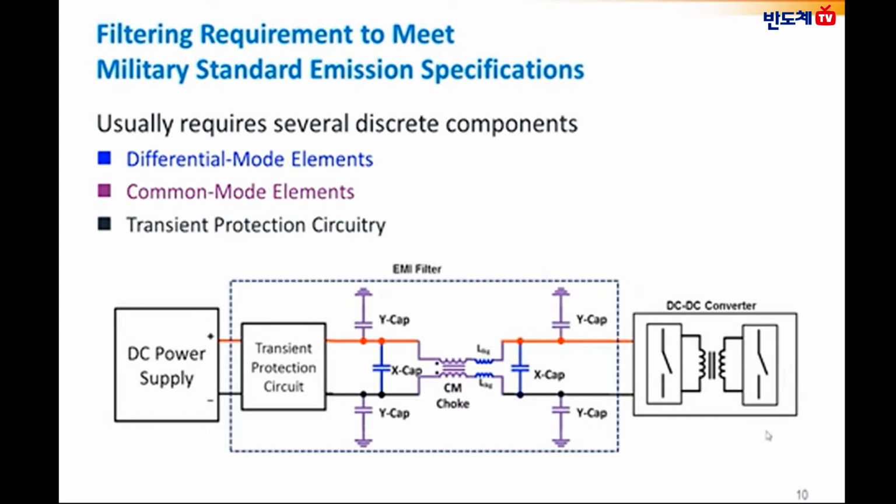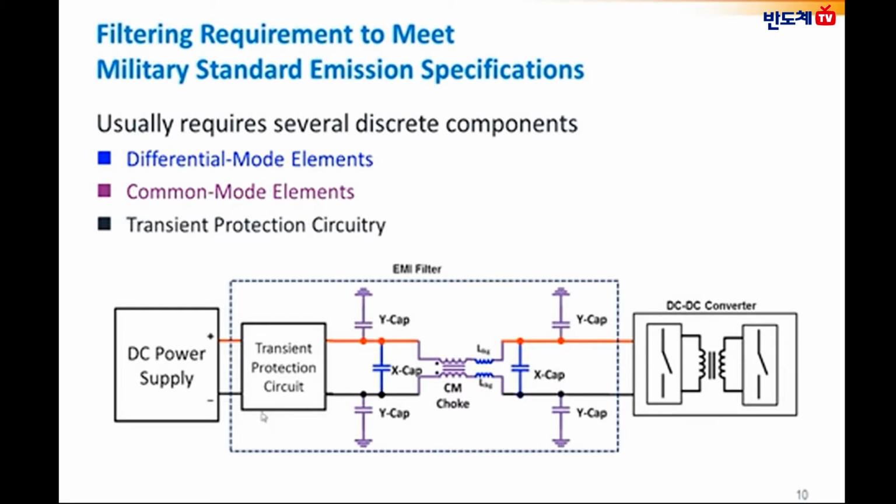Similarly, the common mode noise is a result of the circuit parasitic capacitances and can be attenuated by using common mode elements such as the common mode choke and Y capacitors. Here, the common mode choke provides a high impedance path to the common mode noise, which is propagating back to the power supply through both positive and negative leads.